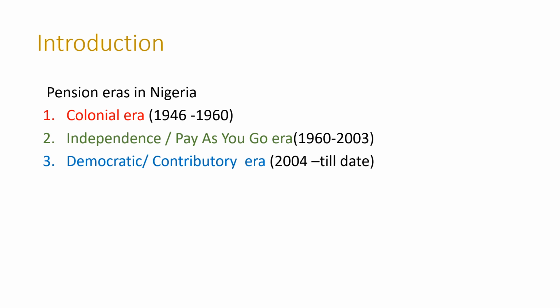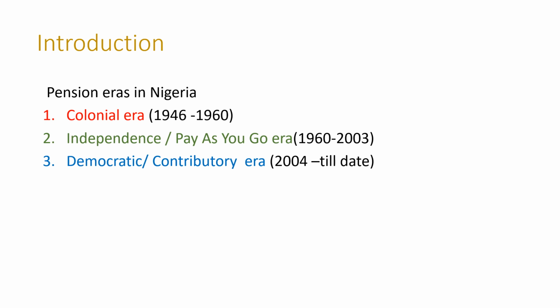It, however, had a retrospective effect from 1946 and applied only to the United Kingdom officials posted to Nigeria. This was a limitation. Within this period, only one Nigerian company had a pension scheme that covered Nigerian citizens.